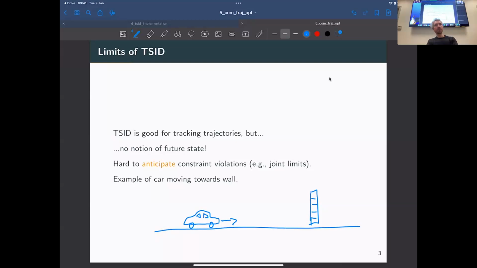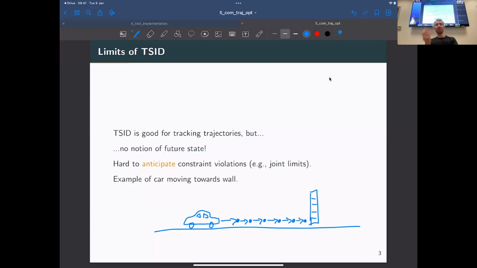And if you look at things the way TSID does, you're just going to look at what happens at the next time step, which for TSID is something like a couple of milliseconds. And at the next time step, everything is fine, everything is fine, everything is fine.